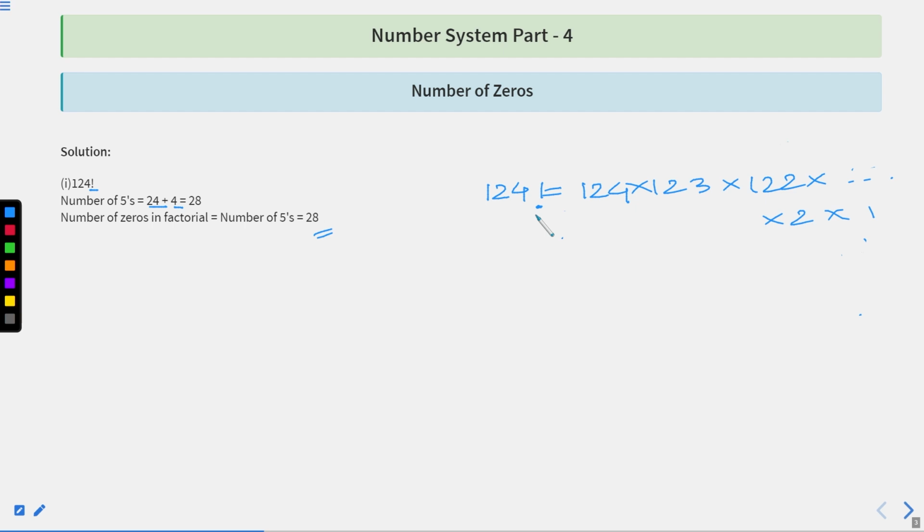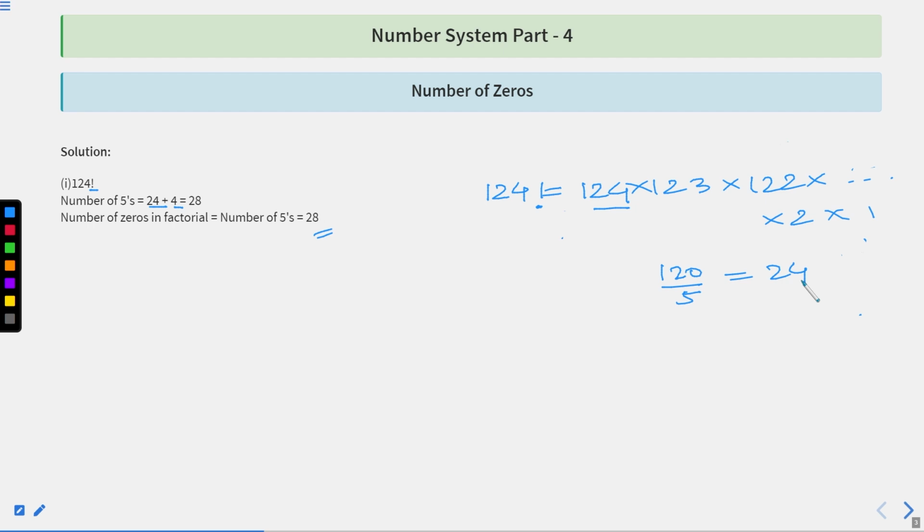If you can find the number of 5's, then it is enough to find the number of zeros. First of all, you need to know how many fives are there in each of these factors: 124, 123, 122. The best way is to take the number closest to 124 that is divisible by 5 but does not exceed 124. So 120 will be that number. Now divide it by 5, and you will get 24.